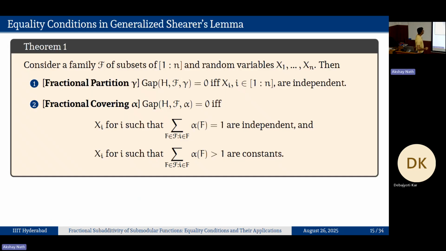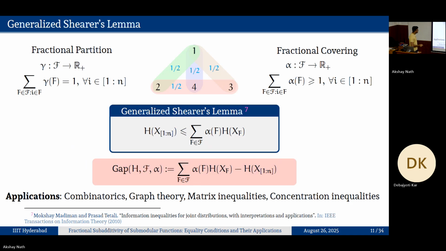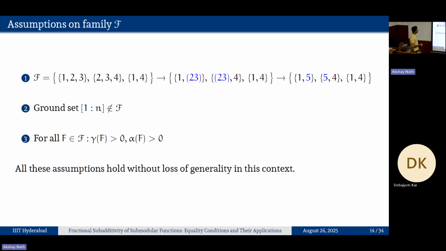So if you have a family of subsets, let me just define the gap. This difference, RHS minus LHS, I'm just going to call the gap. And the gap has some useful properties that we'll look at in a while.